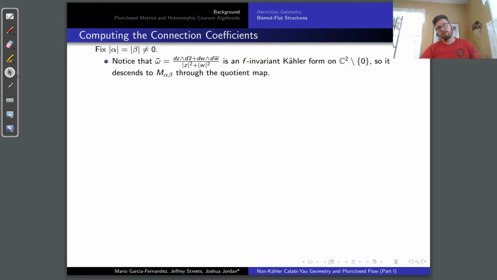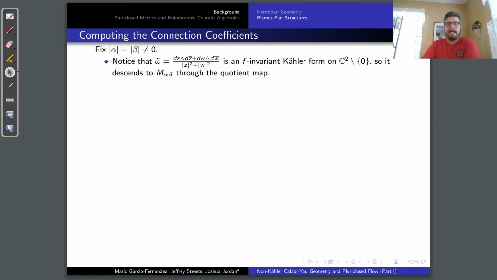So the first thing we do is we define an F-invariant metric on C2. It has this Kähler form that I've written here. This is F-invariant. If you pull back by our generator, the metric stays the same.